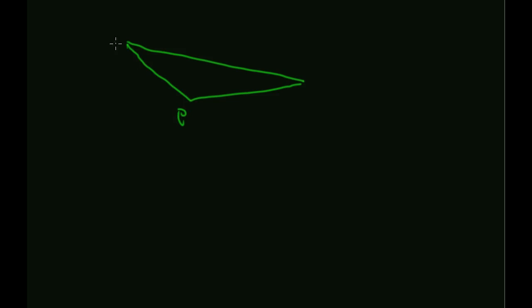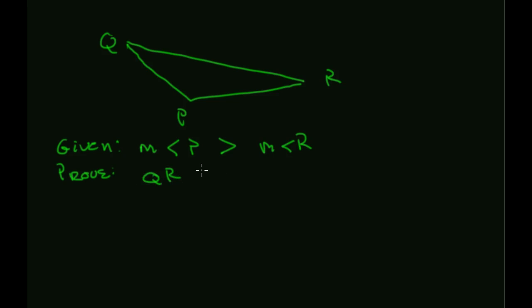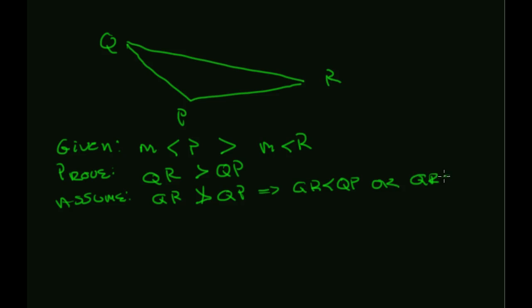I have a triangle PQR, and I'm given that the measure of angle P is bigger than the measure of angle R. What I want to prove is that QR is bigger than QP. So I assume the opposite. If I'm doing an indirect proof of this, I'm going to assume that QR is not bigger than QP. This implies that either QR is smaller than QP or QR is equal to QP.